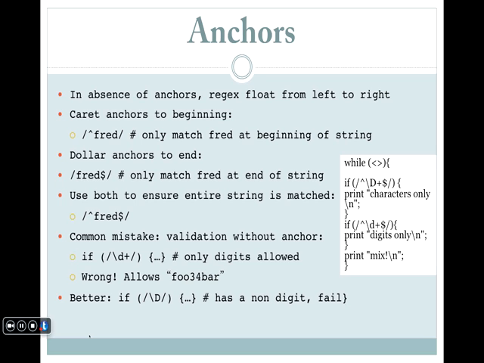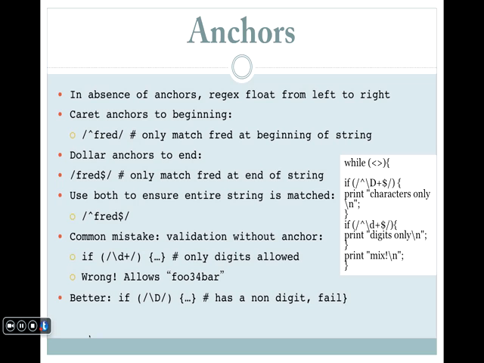Now, it is a very common mistake that some students make when they write the following match. If it includes only the digits allowed in the string, what will actually happen is that it will allow any digits but also other text.